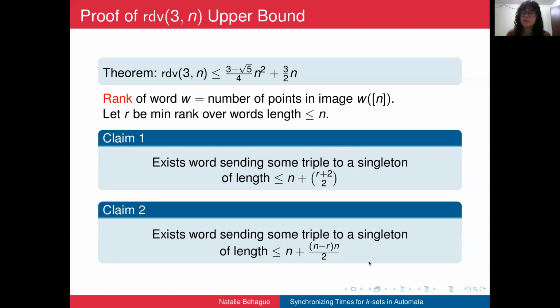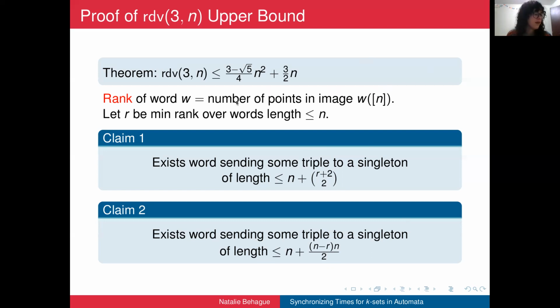And the slightly more surprising case is when R is quite large, where you can also find a decent upper bound on the minimum length word sending a triple to a singleton. So that means that every word of length at most n has quite a lot of points in its image. And that turns out to be useful.